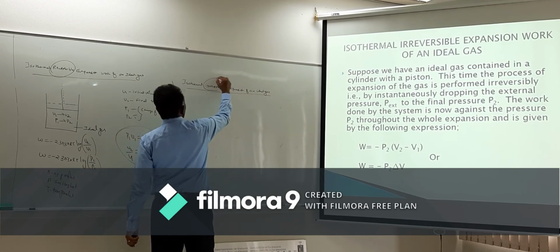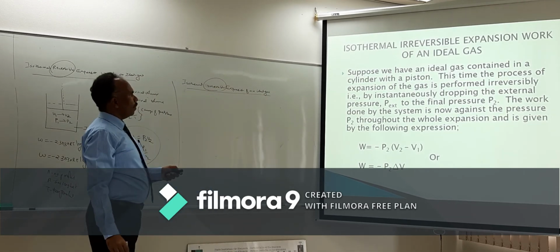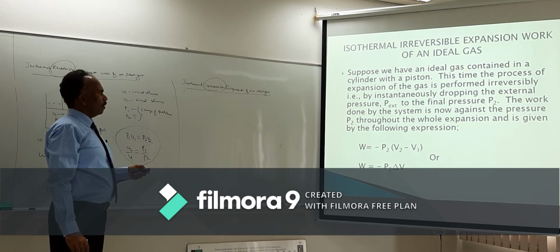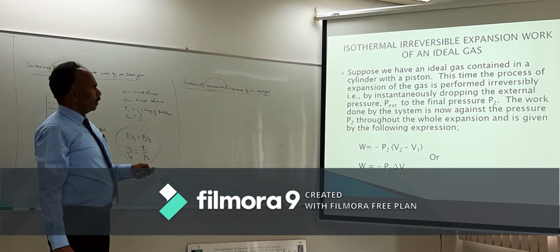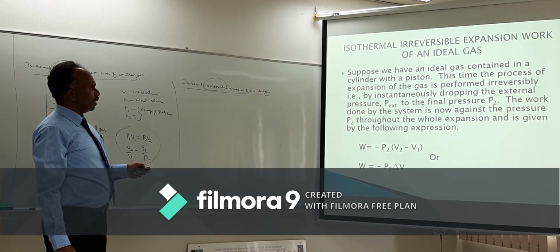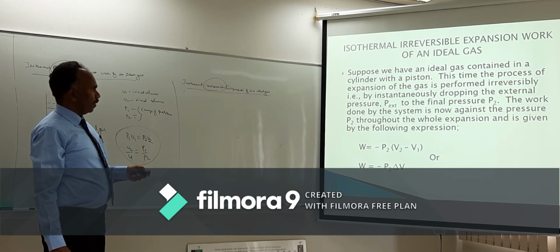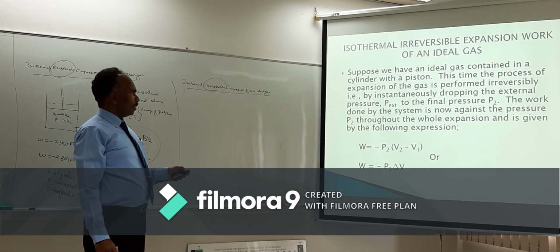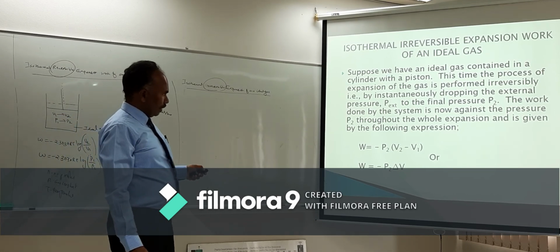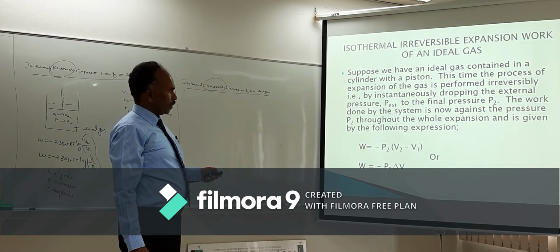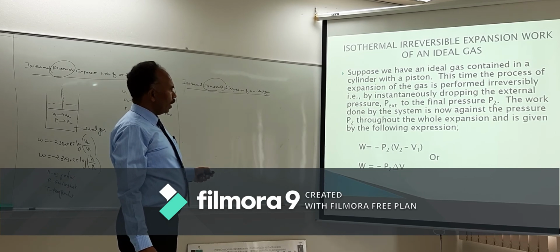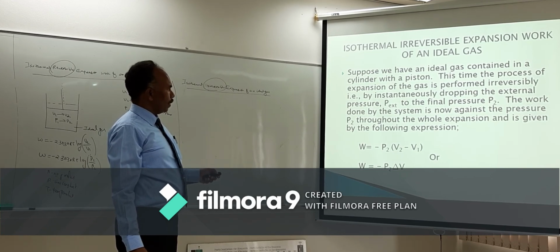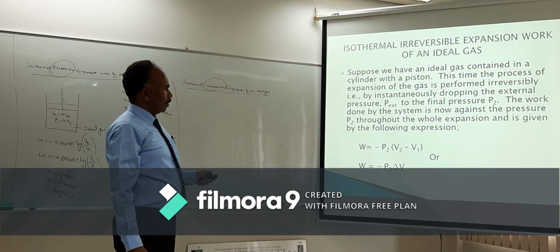Remember that it is irreversible. Suppose we have an ideal gas contained in a cylinder with a piston. This time, the process of expansion of the gas is performed irreversibly. That is by instantaneously dropping the external pressure P ext to the final pressure P2. The work done by the system is now against the pressure P2 throughout the whole expansion and is given by the following expression.